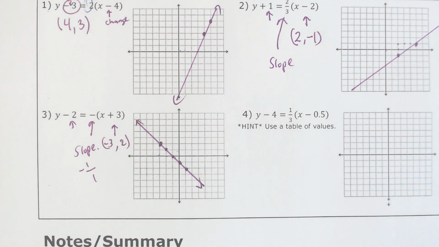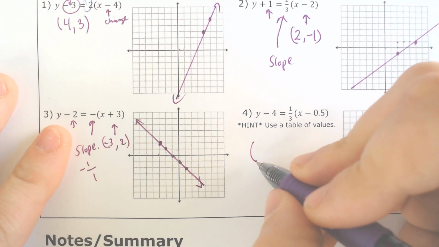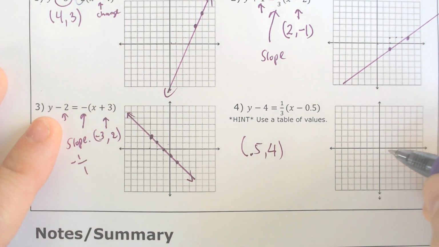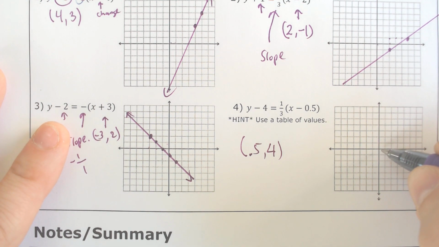Okay, last one. Here we have y minus 4 equals 1/3 times x minus 0.5. If we have that, you can get your point, 0.5, change the sign, 4, change the sign, which is not a pretty point. 0.5 is here, and 4 is way up there.